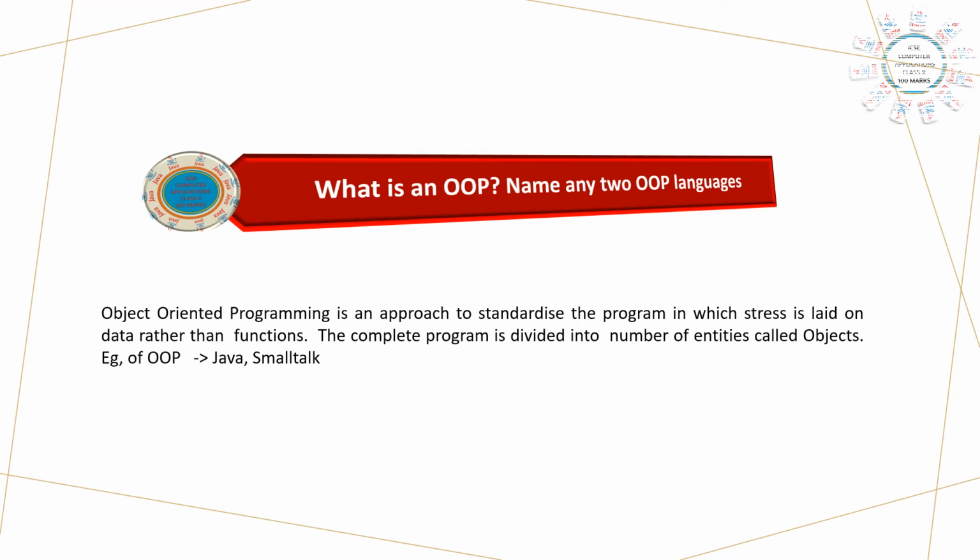So your marks don't depend upon the length of your answer. As in English language, in computer application, we have to give a to the point answer in proper English language. So 1 or 2 lines are enough. And the second part of the question, name any 2 object-oriented programming languages, the answer is Java and Smalltalk.